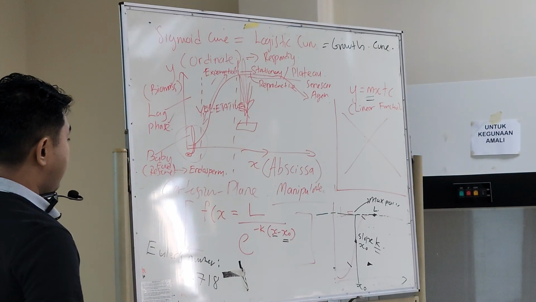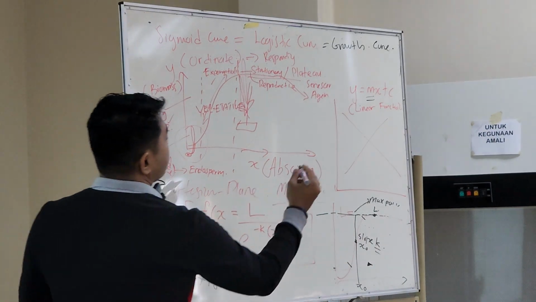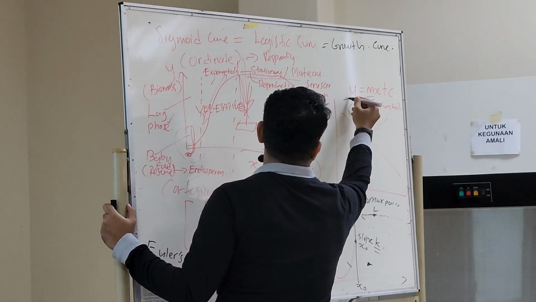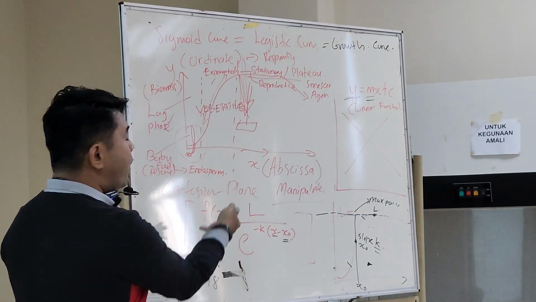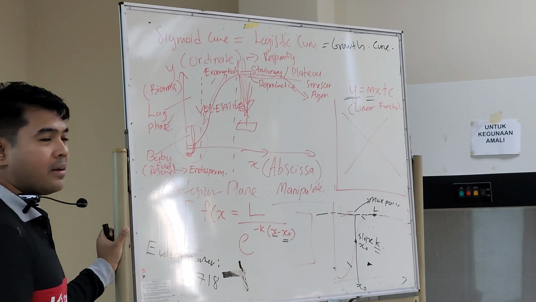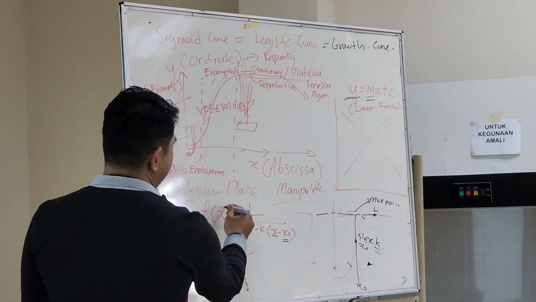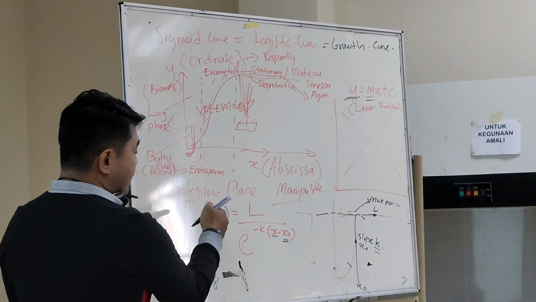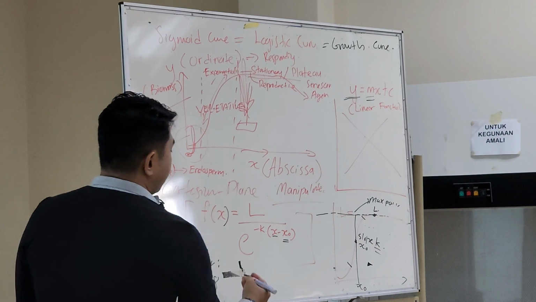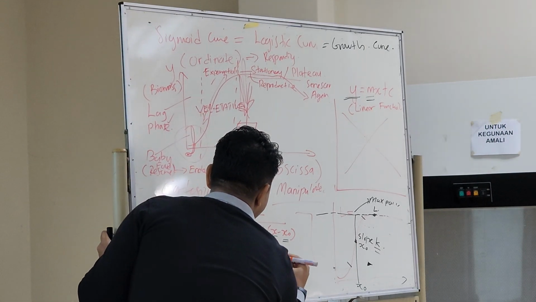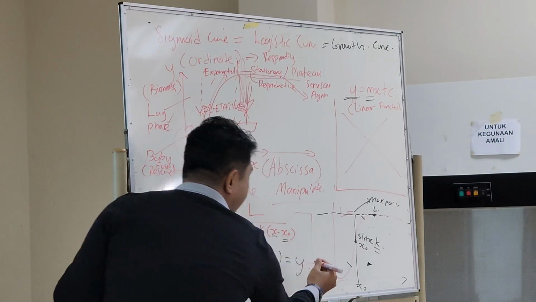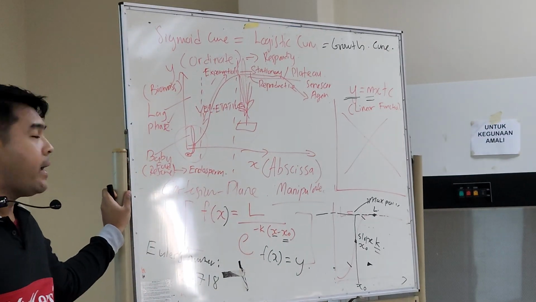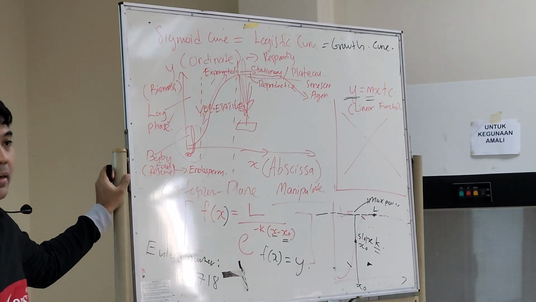Right. Okay. What about this? There's no y here. So this is to show you that f(x) is actually y. Function of x, that's how you say it.